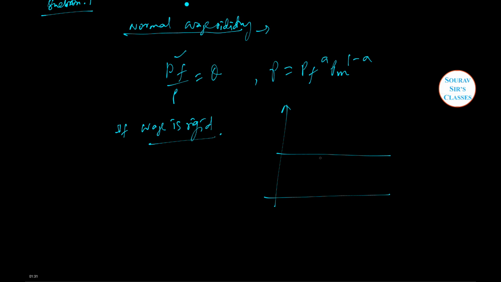Simply, the aggregate supply AS will be an upward sloping curve. So here we go with option C. AS is upward sloping.